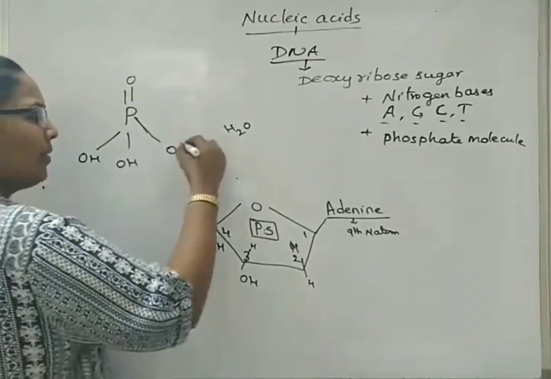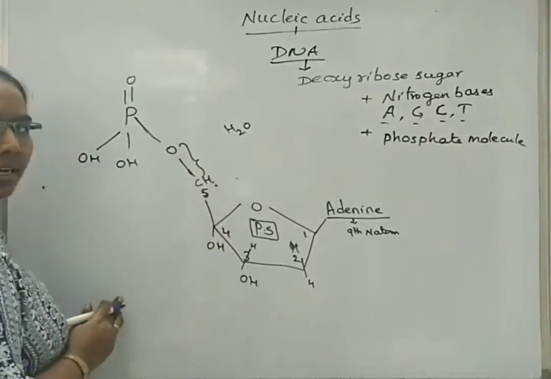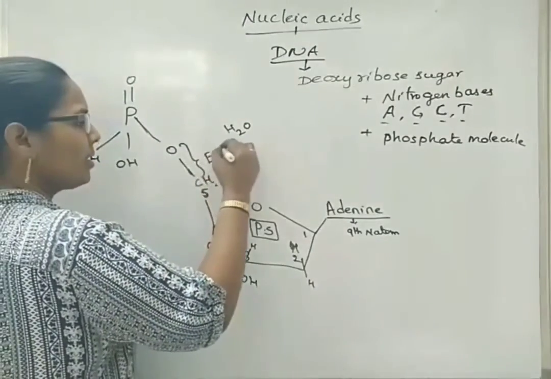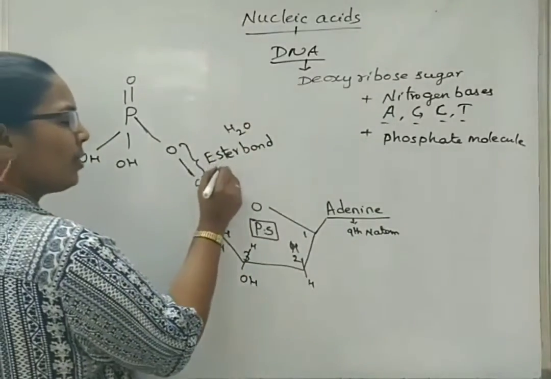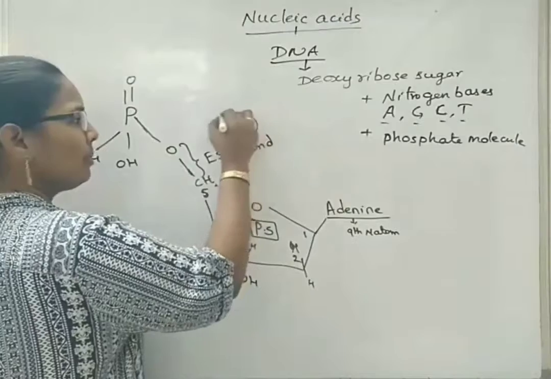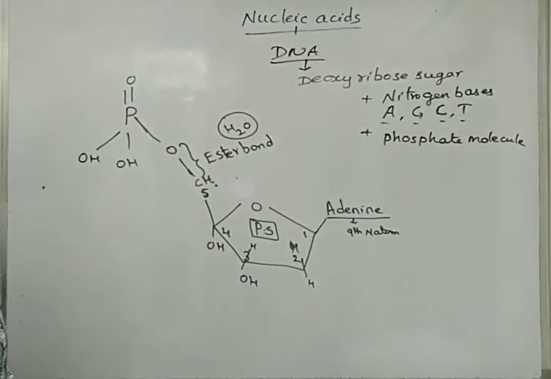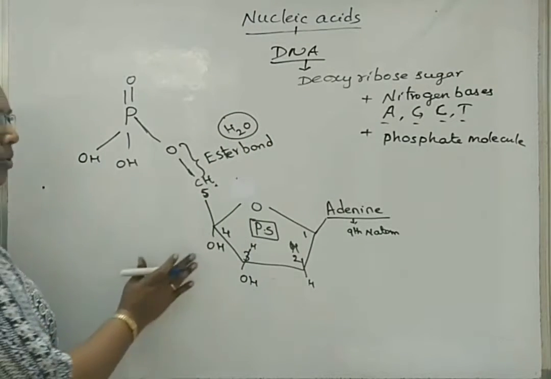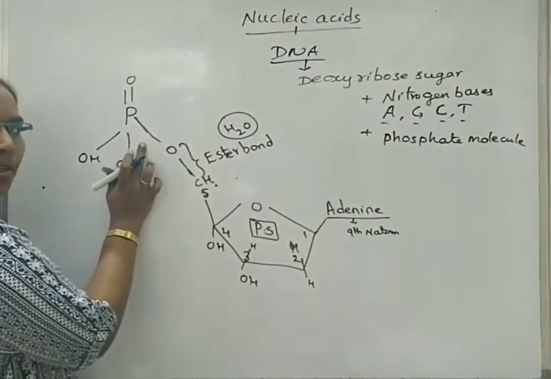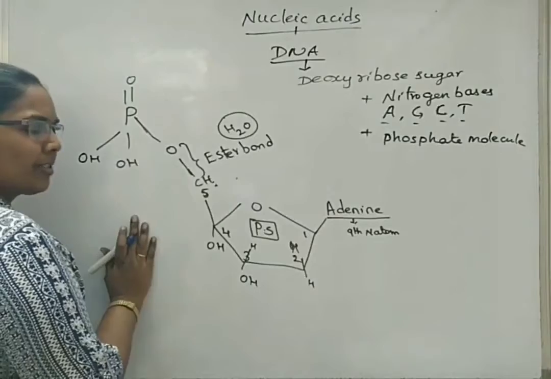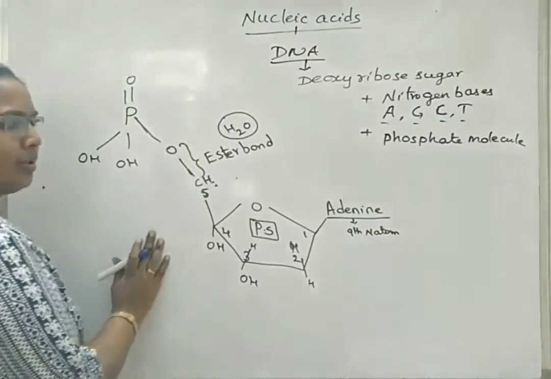We know that the bond between oxygen and carbon can be termed an ester bond. So an ester bond in case of a nucleotide is formed by the process of dehydration of one water molecule. So here we are seeing pentose sugar, nitrogen base and a phosphate molecule. This can be considered as the typical structure of a nucleotide.